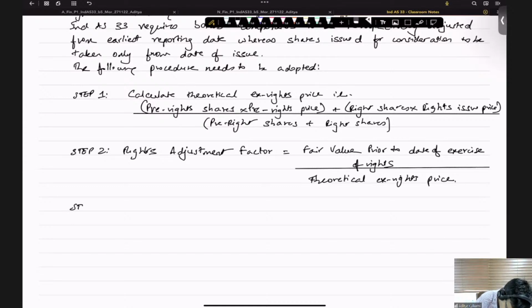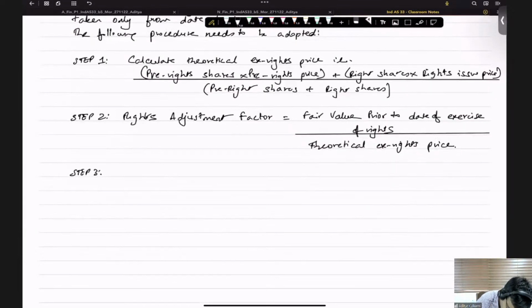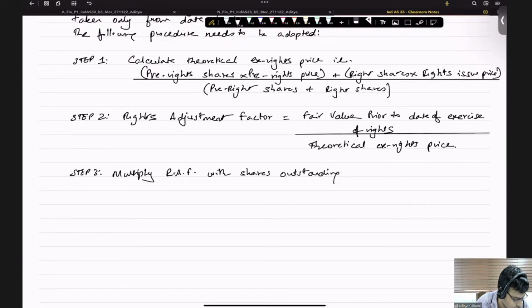Step 3, you have to multiply the rights adjustment factor with shares outstanding prior to date of exercise of rights. Date of exercise of rights.